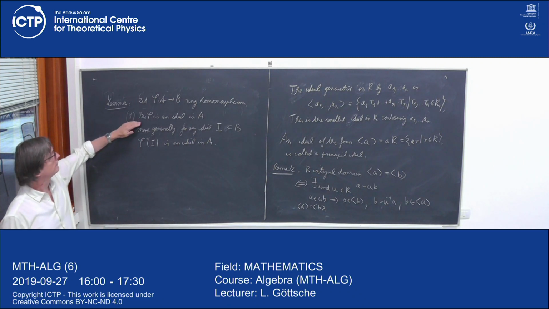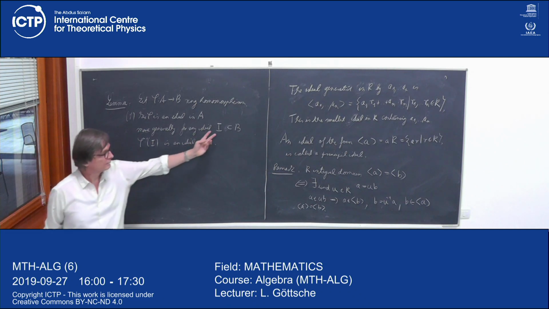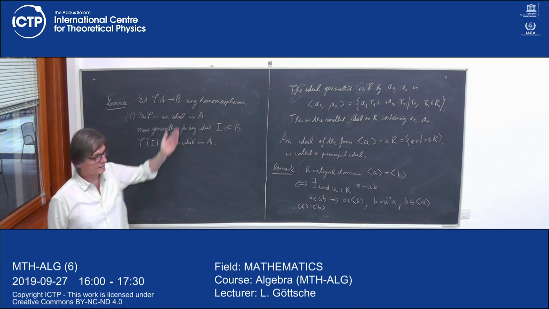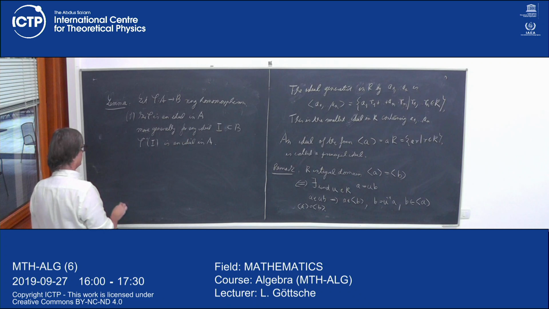Obviously, the first statement follows from the second because 0 is an ideal, and so the kernel is its inverse image, and so therefore it's an ideal. So we will only have to show the second statement.